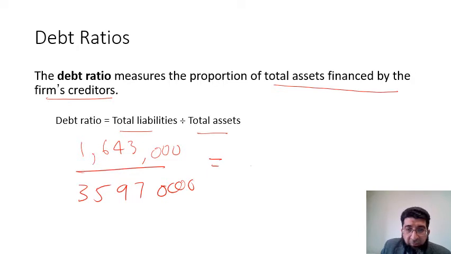That comes out to be 45.7%. So about half of the company's total assets are financed by the creditors.